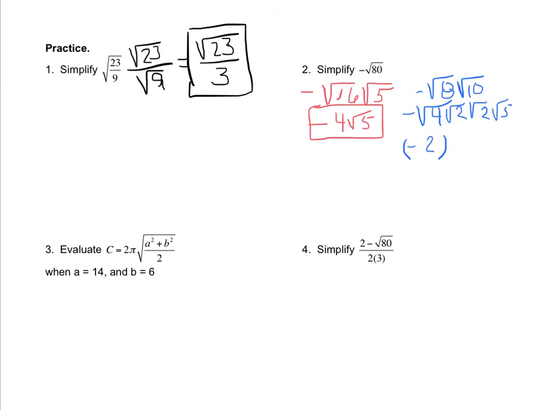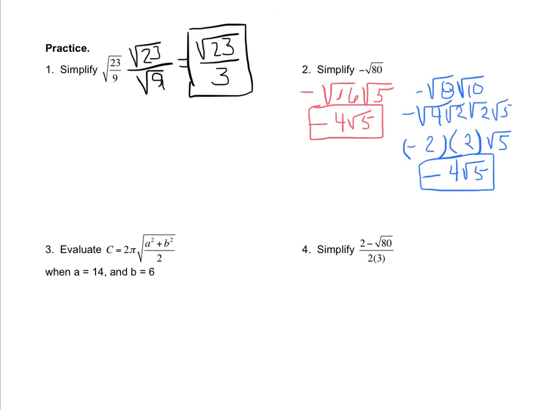The square root of 2 times the square root of 2 becomes the square root of 4, and the square root of 4 is 2. And the square root of 5 really has nothing to go with it. And then when I combine, that's another way that I can see that answer. And again, just notice there's not only one way to get there. Depends on which way you see it. You can save yourself some time if you can find your higher perfect squares first. But if you don't see it, just keep going with factors that get to the next numbers.